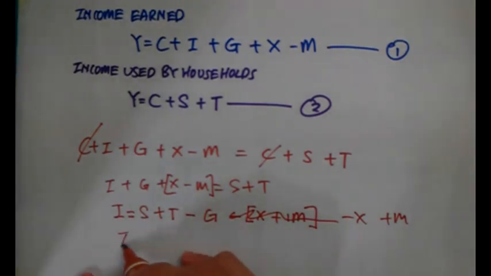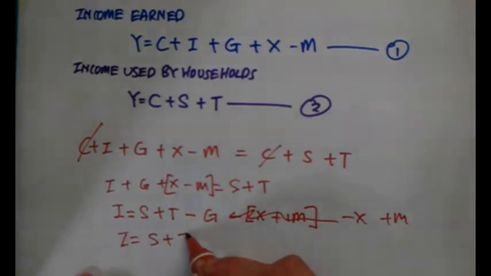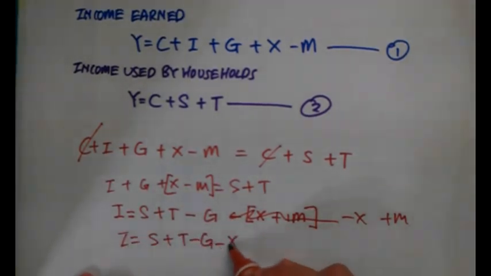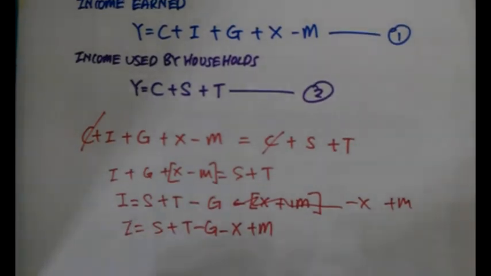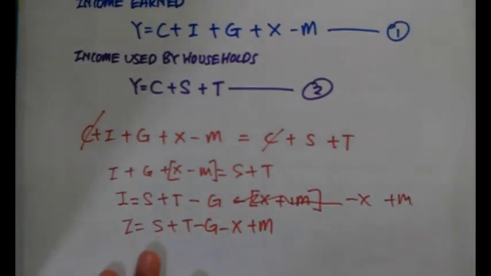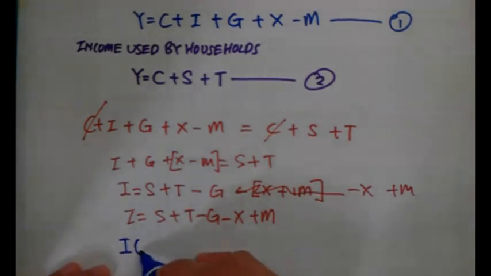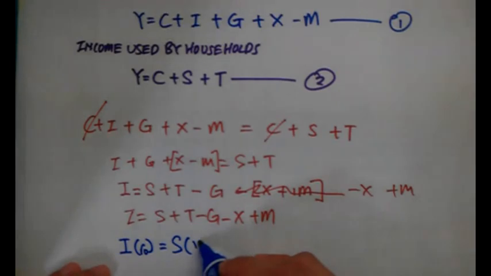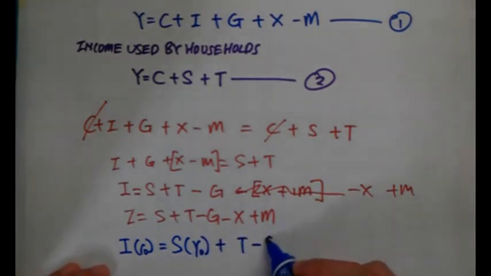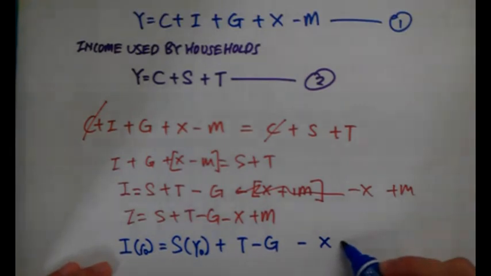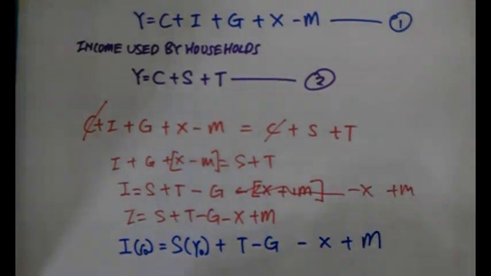Let me write that out again for you neatly. So I've got this. Now, investment, which is a function of interest rates, equals savings, which is a function of income, plus T minus G minus X plus M. So what does this equation tell me?